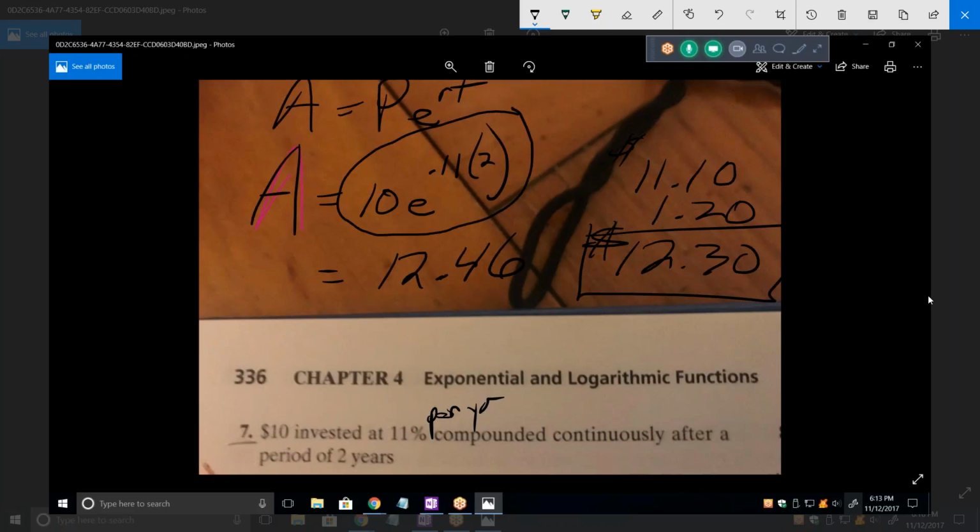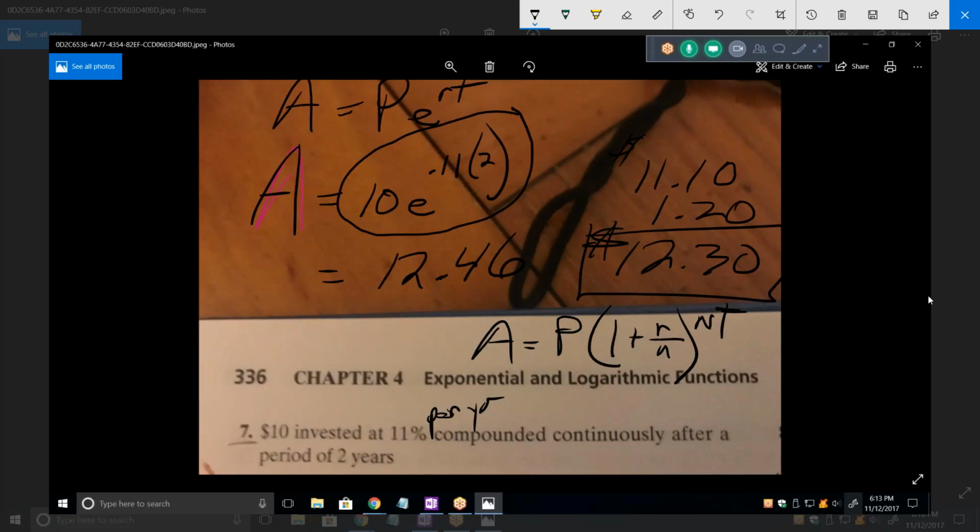And in fact, just for your info, you might find this interesting. If I take that formula, where n is the number of times per year it's compounded, and I let n approach infinity, that's what continuous compounding is.